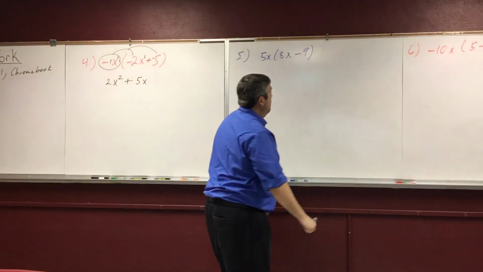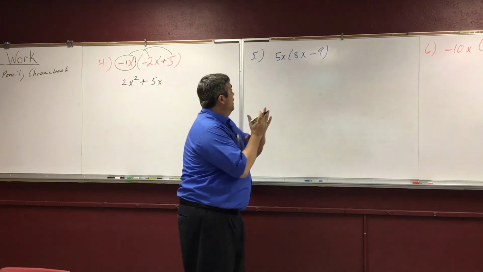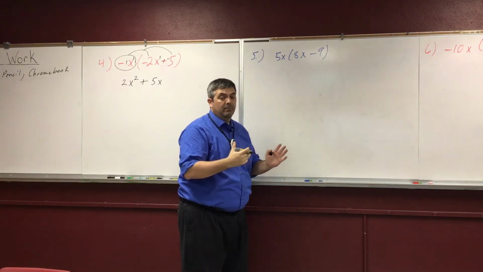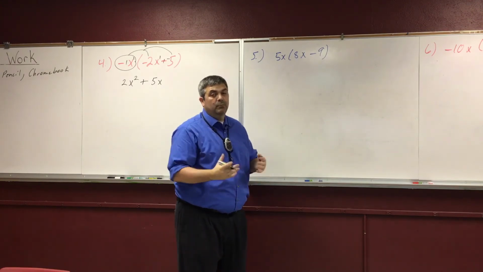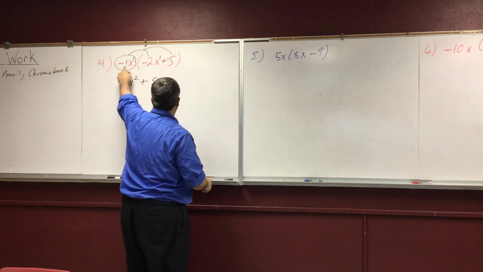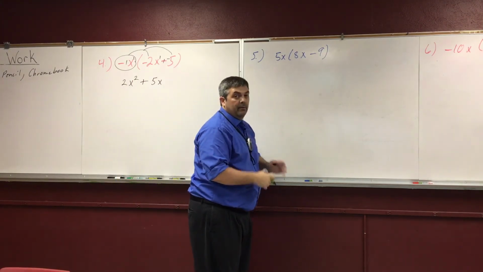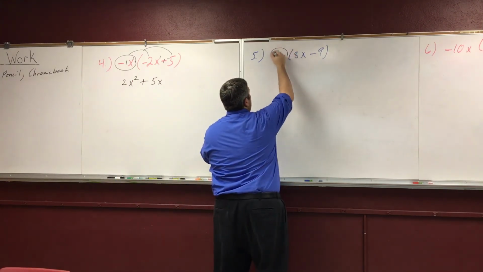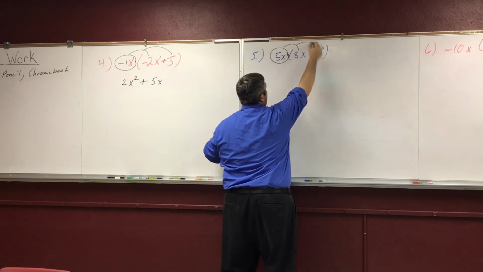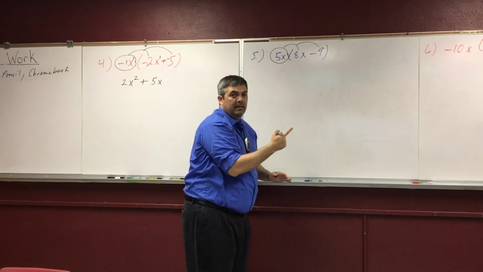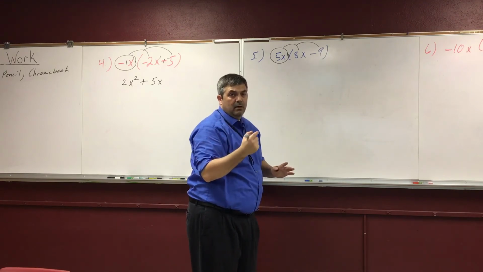All right. So now what they've done is they've added a coefficient in front of our variable that we're distributing. But it doesn't really change anything. It's just like what we did right here with the negative 1. But now instead we've got a 5. Same thing though. Take this, multiply it here and here, look through, any subtraction turns to addition and you change the sign of the number right behind it.